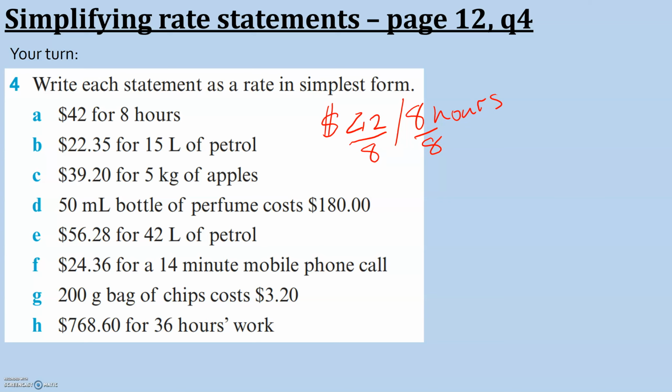And we're going to get 42 divided by 8, which doesn't go evenly. So that's going to give us a decimal, which will be 42 divided by 8 is 5.25. $5.25 per 1 hour, because 8 divided by 8 is 1.